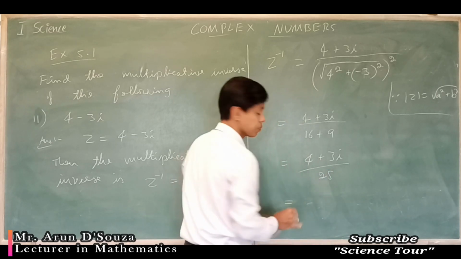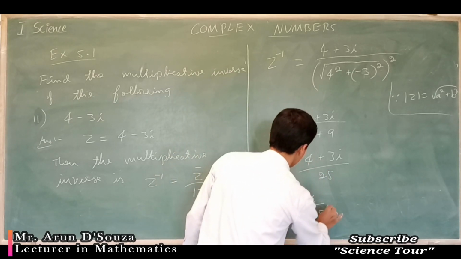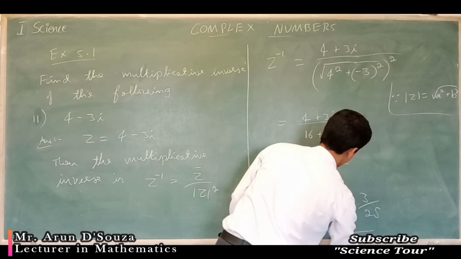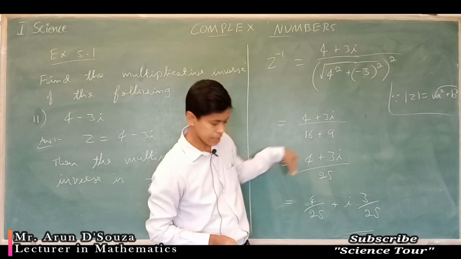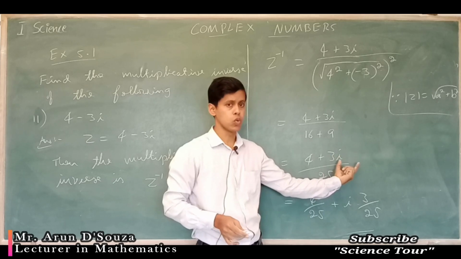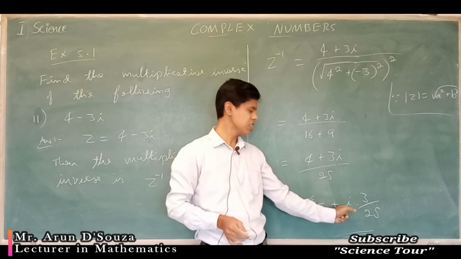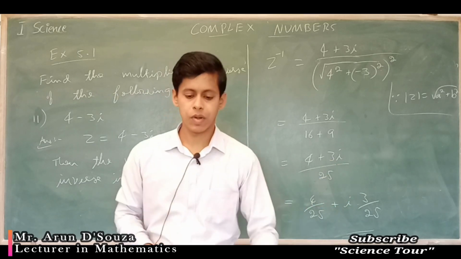So finally you can split them and write 4 by 25 plus i into 3 by 25. So what is done here? Take the denominator, separate them, and take the denominator here also. So 3i by 25. I have written i first and then 3 by 25. That's how you can split them and write.